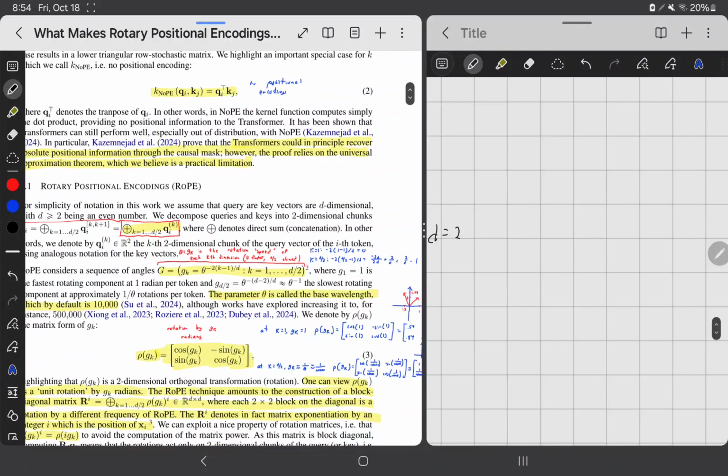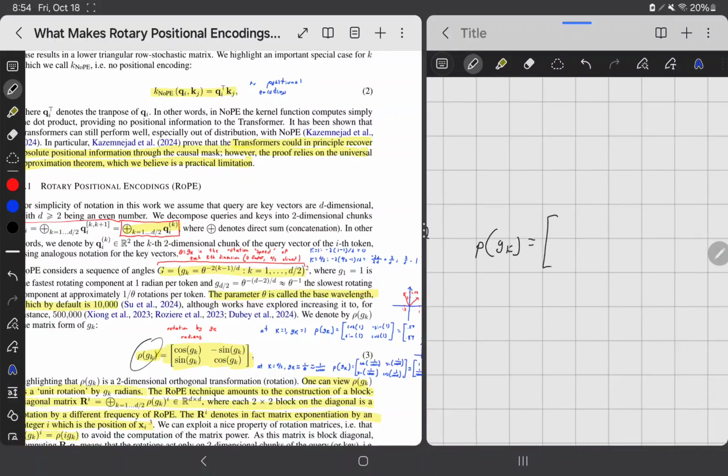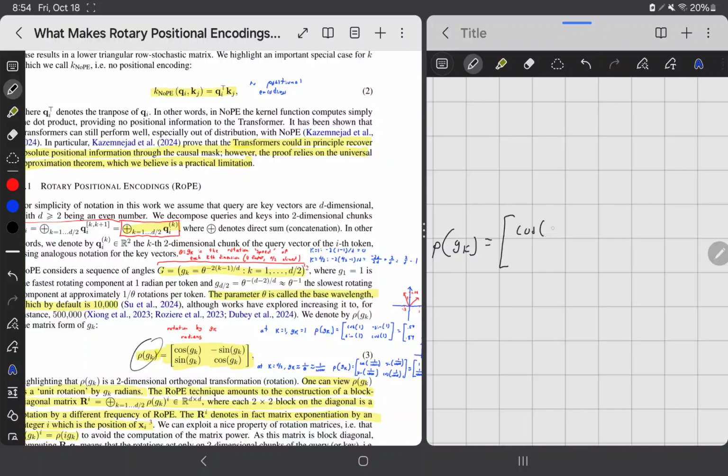Then we can define a rotation matrix, rho of gk, which is equal to the matrix with cosine of gk, negative sine of gk, sine of gk, and cosine of gk. So gk is just the angle.